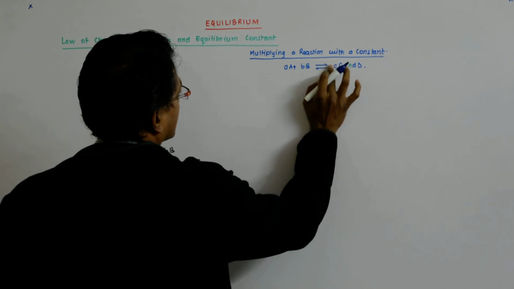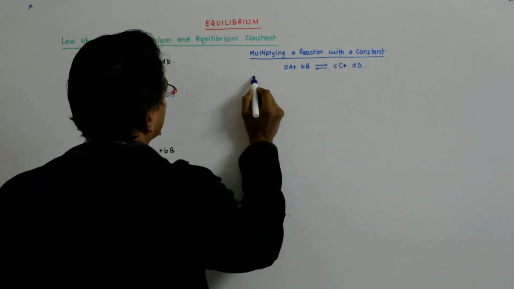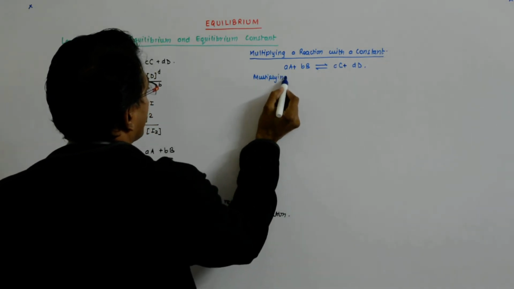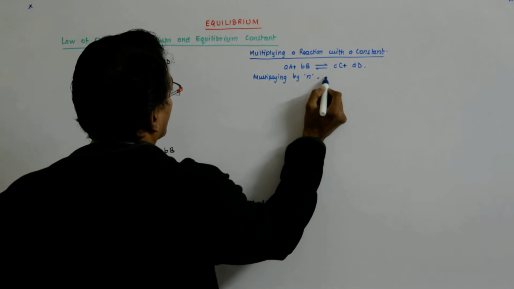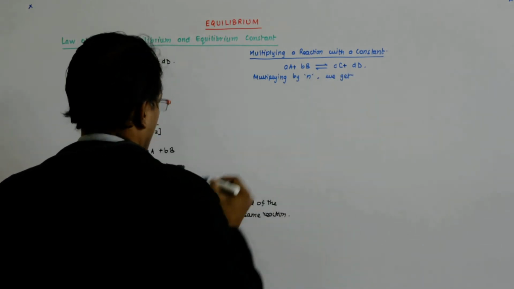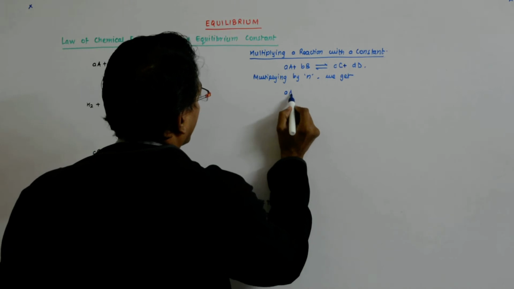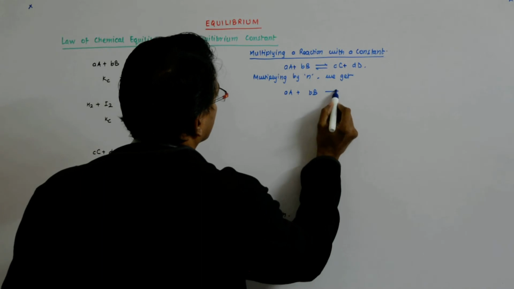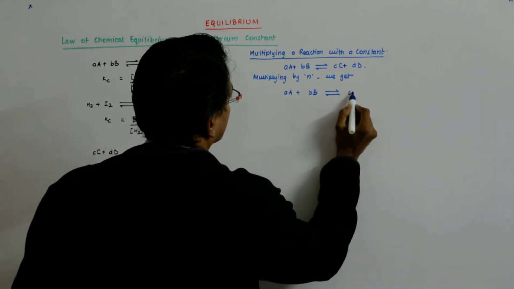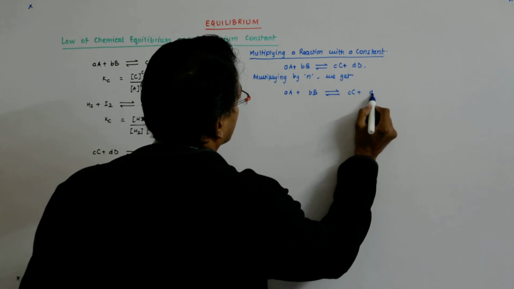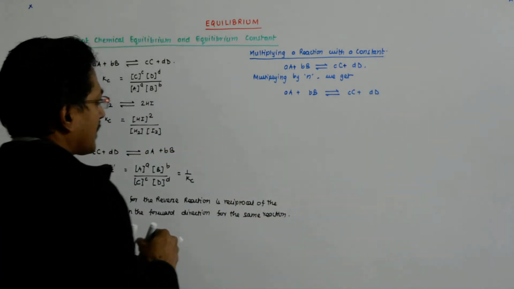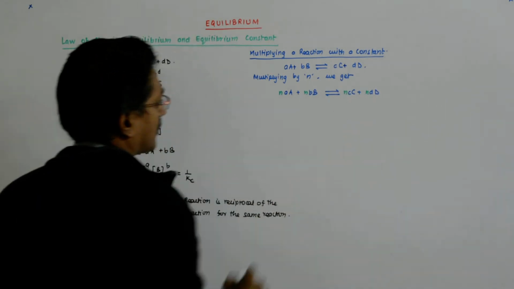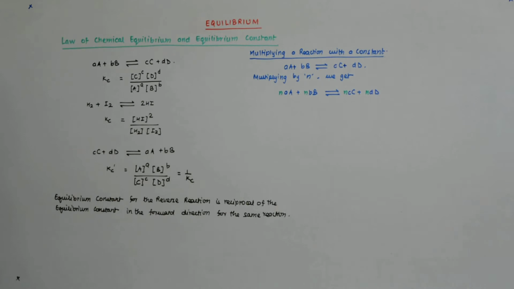Multiplying by n we get: aA plus bB giving us cC plus dD, with the n's coming in as the coefficients.